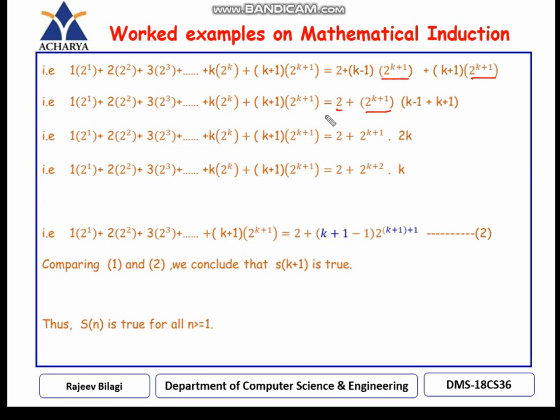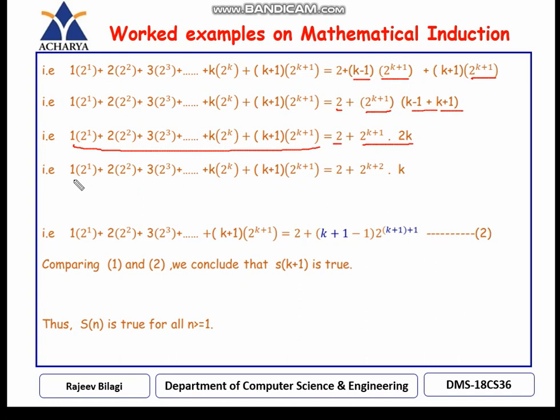So 2 to the power of k plus 1, the remaining is k minus 1 here and k plus 1 here. With this, it is all as it is, 2 plus 2 to the power of k plus 1. So 1 gets cancelled, and you will get 2 to the power of k plus 1 into 2 to the power of k.